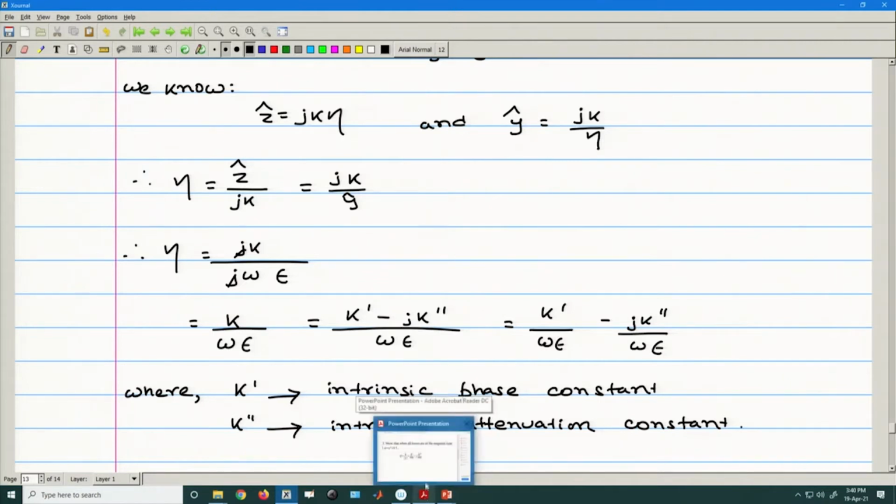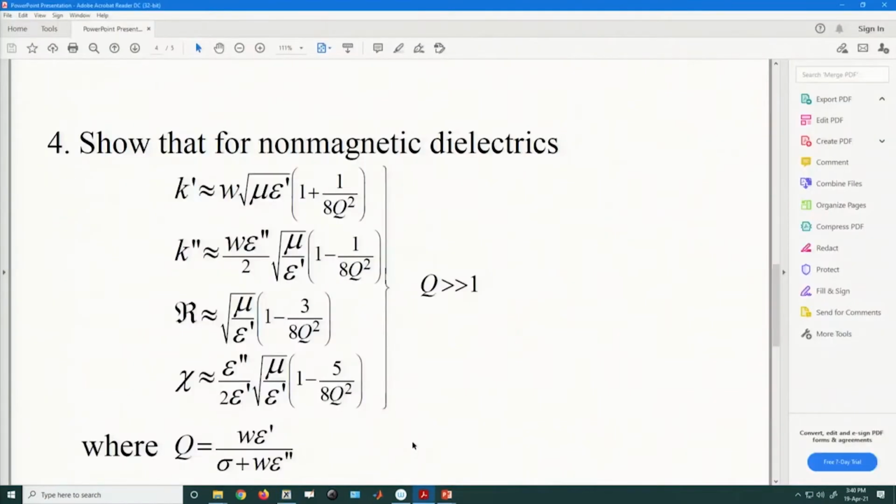The next problem is that we need to show that for non-magnetic dielectrics, k prime is given by omega root under mu epsilon prime into 1 plus 1 by 8 q square, where k double prime is given as omega epsilon double prime upon 2 multiplied by root under of mu by epsilon prime multiplied by 1 minus 8 q square.